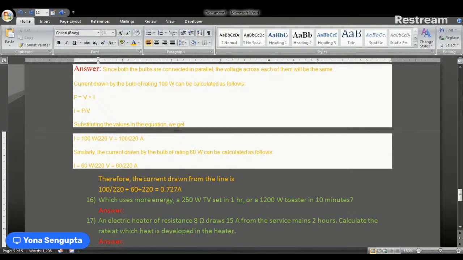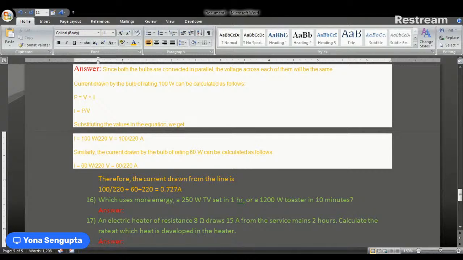Similarly, the energy consumed by the toaster of power rating 1200 watt is given as H equals 1200 watt into 600 seconds, which gives us 7.2 into 10 to the power 5 joules.